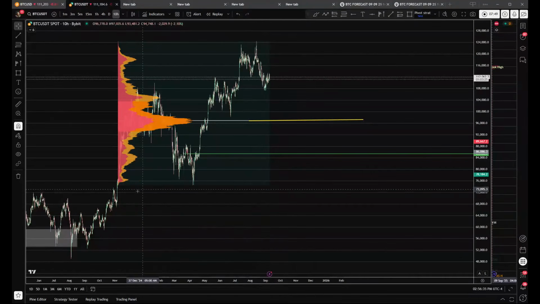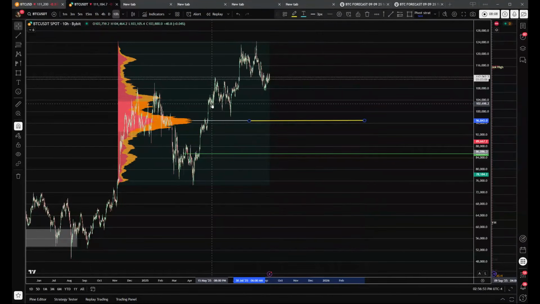Since December this year, the most volume is here. But the point is, if you go back to what I just showed you, price goes to where the most volume is the majority of the time, which is here. That's 96.